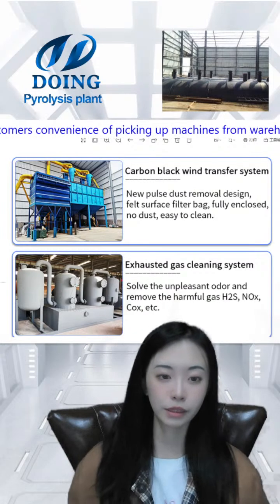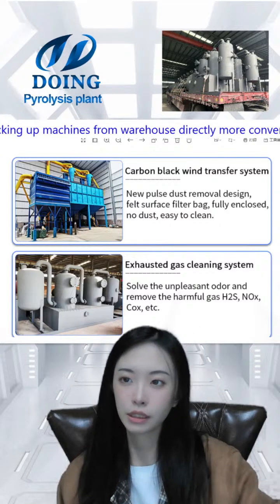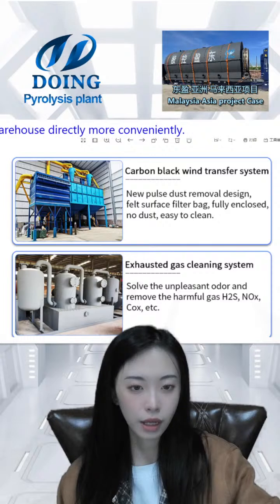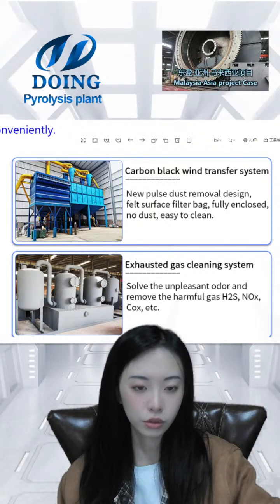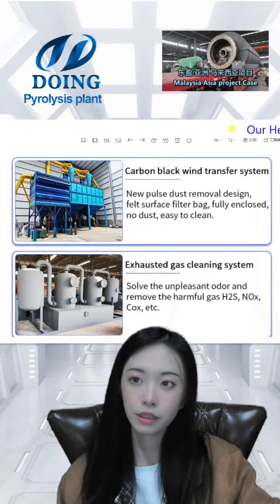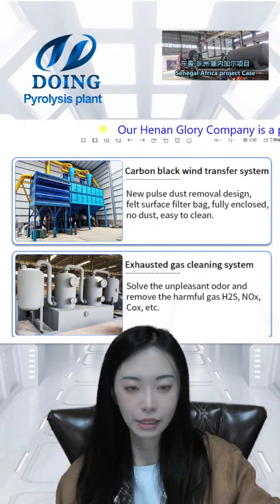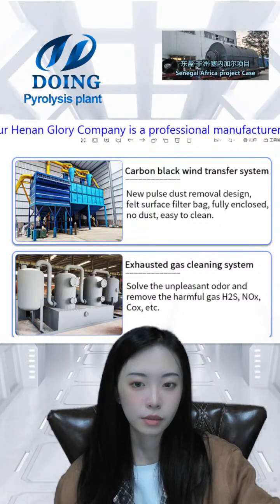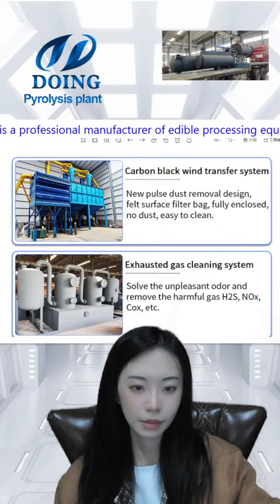Because we will have some dust when we discharge the carbon black, but by using this wind conveyor, which is a sealed design, and underground they will have a storage area to store the carbon black first, and then by using this wind transfer conveyor, convey it into the second, the carbon black processing plant.